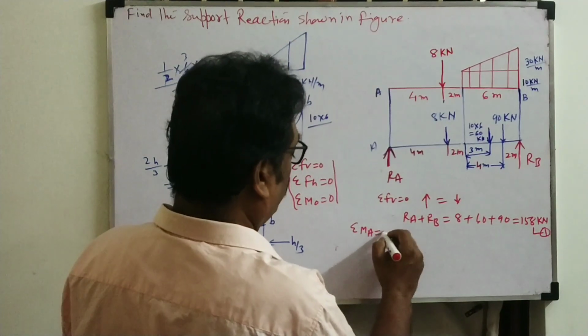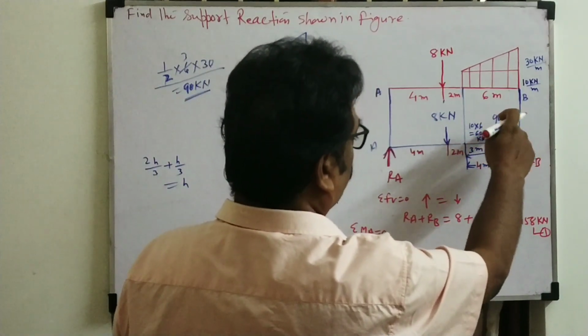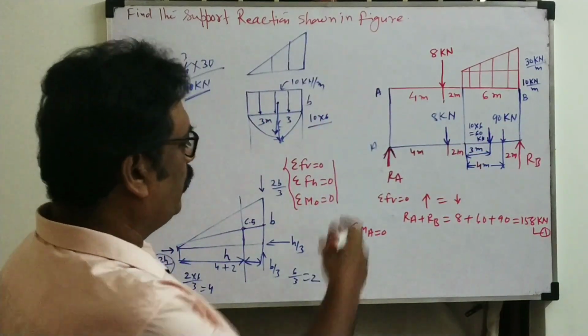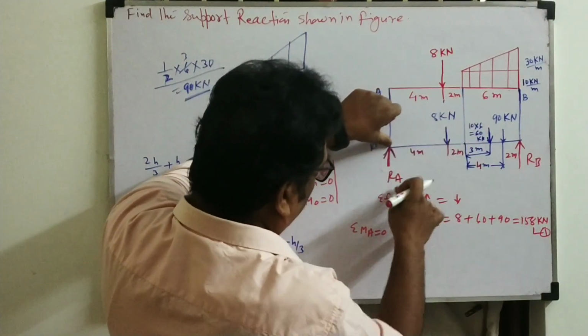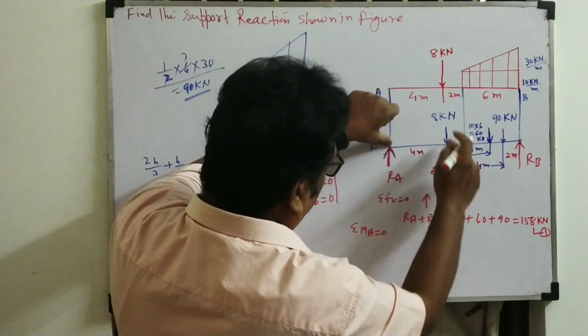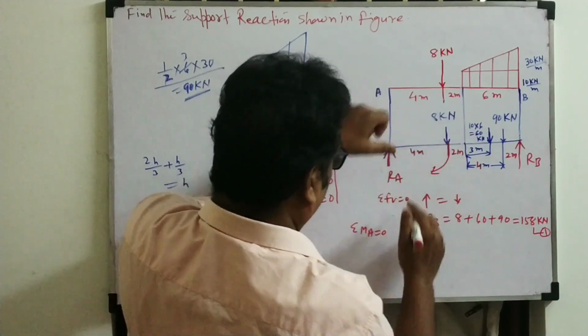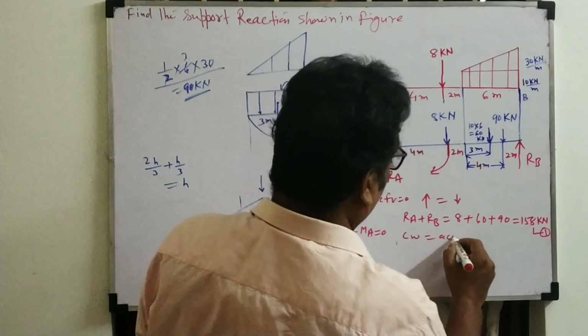Moment about A. Once we convert it into point loads, then it will be very simple. Moment equal to what? Point A is fixed. Due to the load, how will it rotate? Force into perpendicular distance. Here we take total clockwise equal to total anti-clockwise.